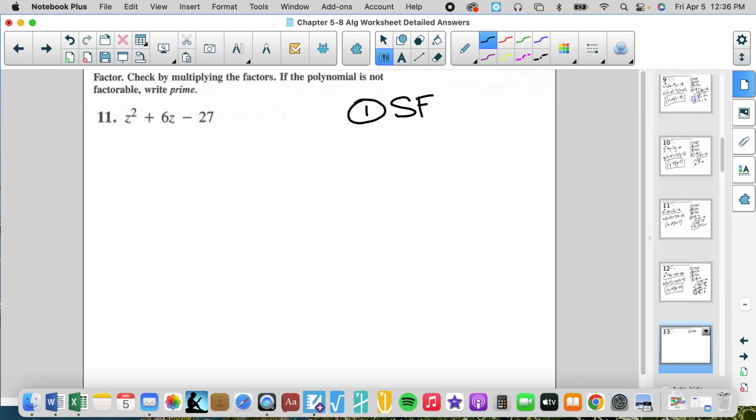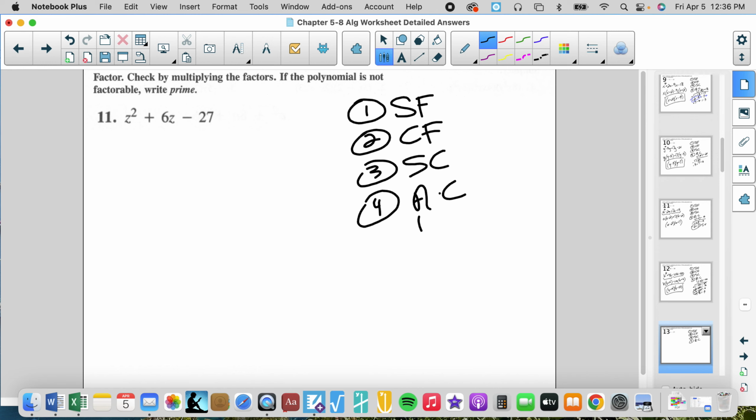Standard form, yes. Common factor, no. Special case, no. A times C, let's try it. 1 and negative 27, 1 and 27, 3 and 9. Signs are different.